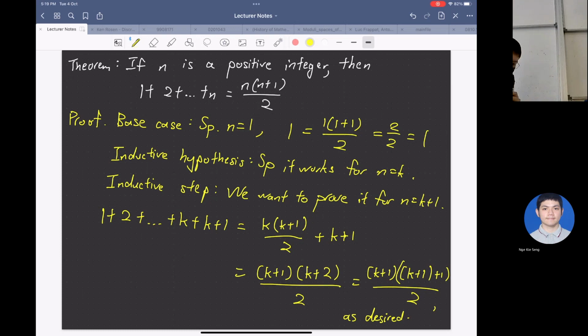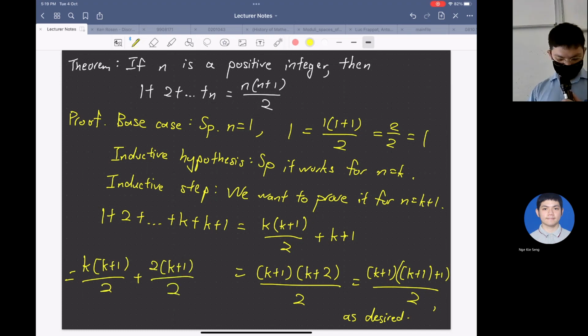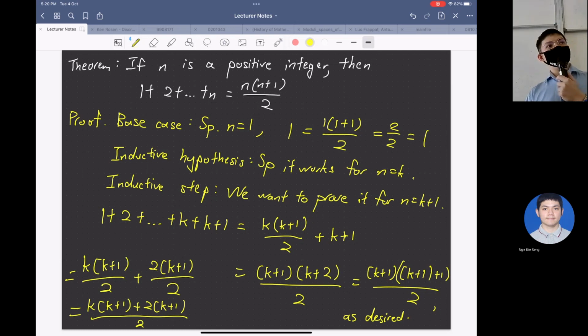This one? Okay. You mean why is it true? So k plus 1 over 2, 2, 2. They are the same denominator. You can add them together and then you factorize. Can you factorize? Okay.